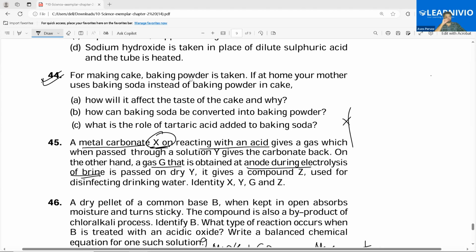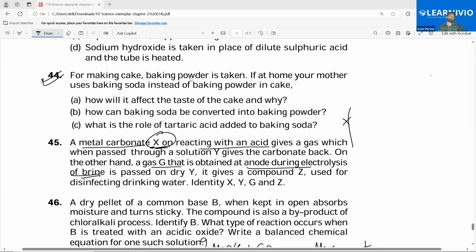Gianna, you noted the answer? Yes, sir. What's the answer for the A part? For the A, I wrote that if the mother uses baking soda instead of baking powder, the taste of the cake will be bitter, because of the formation of sodium carbonate.